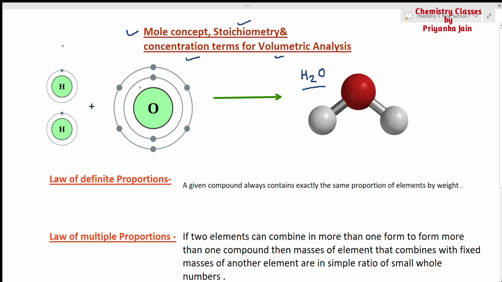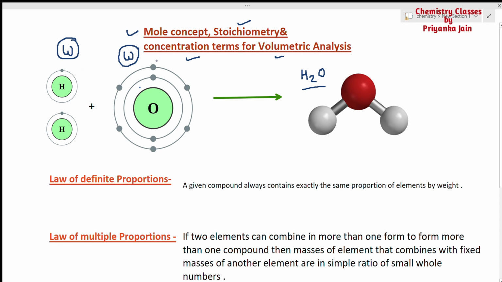Now, if we take the same weight of hydrogen and the same weight of oxygen, what will be the result? In the same weight of hydrogen there will be a larger number of atoms as compared to oxygen, because hydrogen has a smaller molar mass.